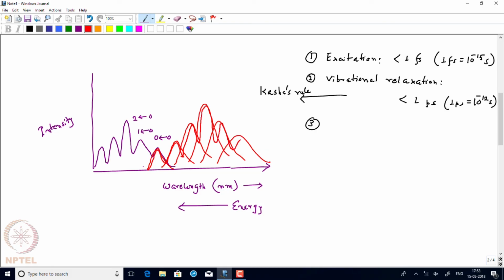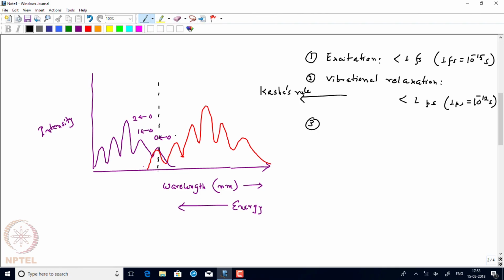It will also have a structure like this, and so we say that this absorption and emission spectrum looks like a mirror image, in the sense that the 0 transition, as you can see here, actually overlaps very nicely, because this is practically the same energy transition, and then you have 0 to 1 for the excited state.